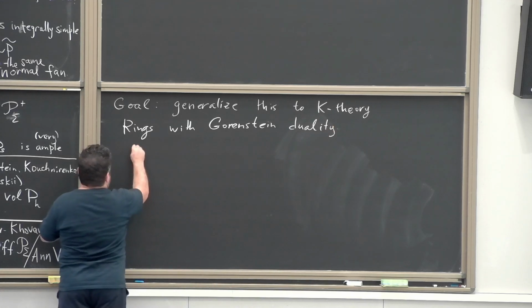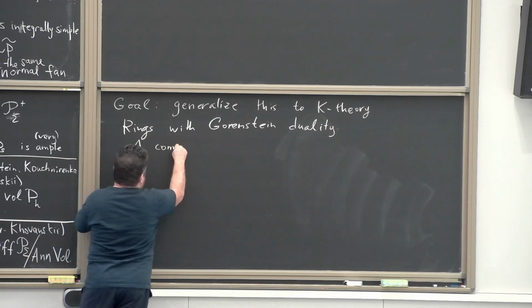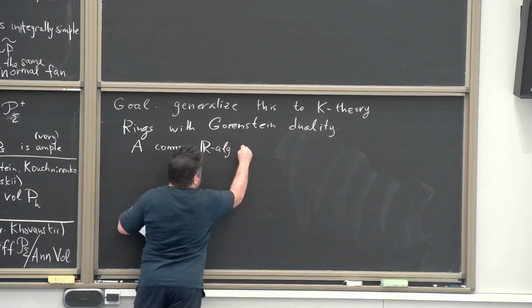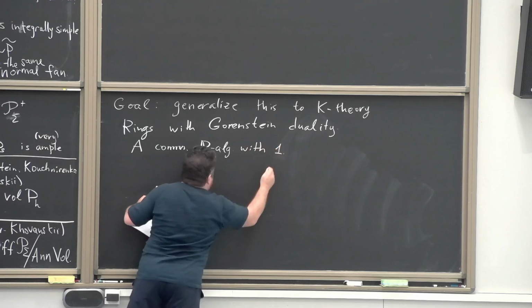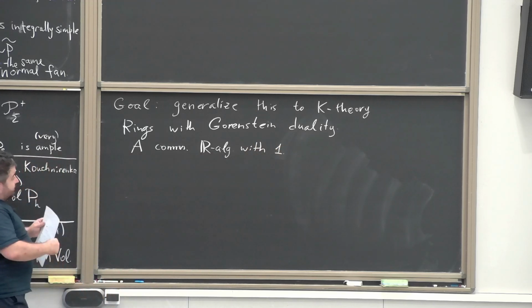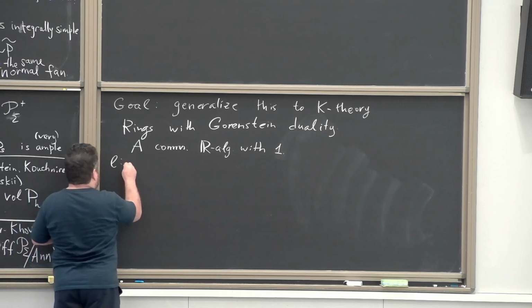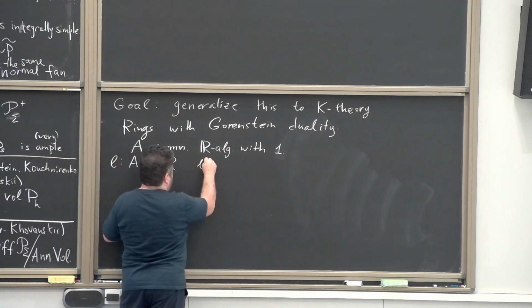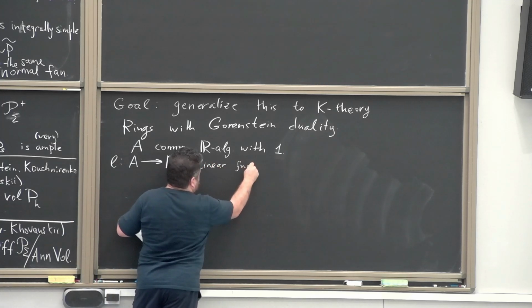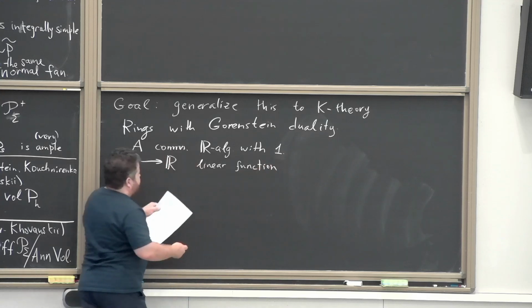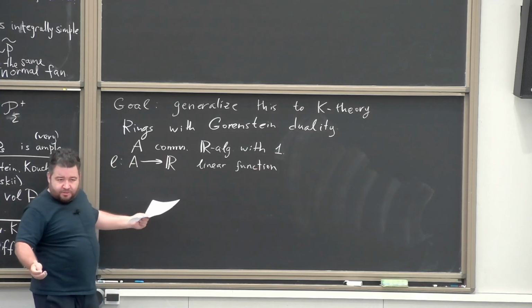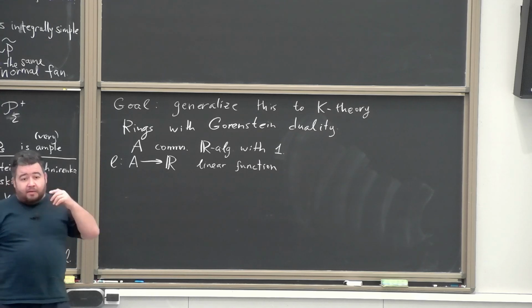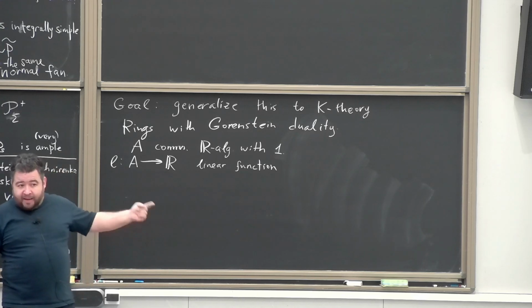So let A be a commutative R-algebra with the identity, and let L be some linear function from A into R. This is an R-vector space, so it makes sense to say what a linear function is. Such a linear function defines a symmetric bilinear form on my algebra.